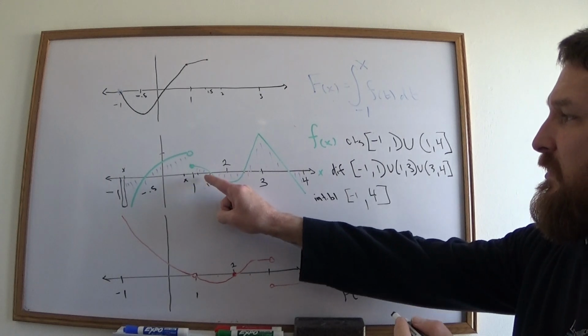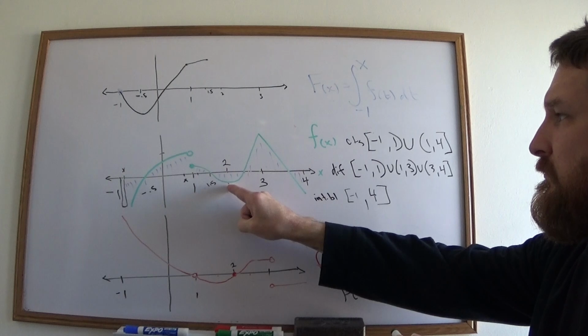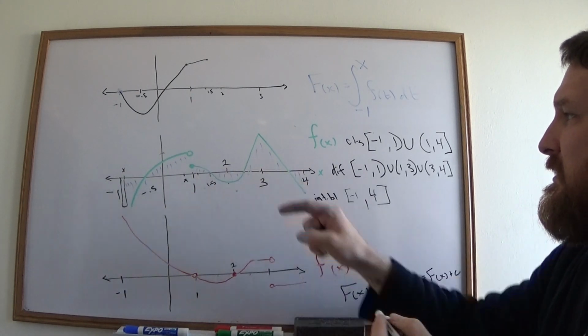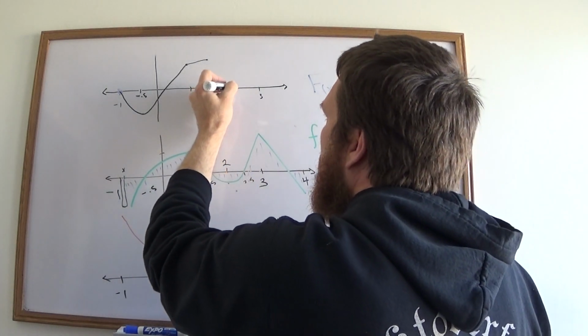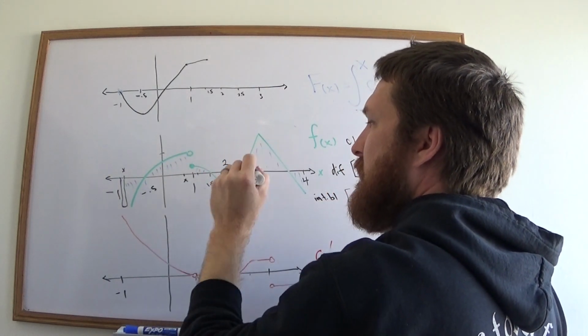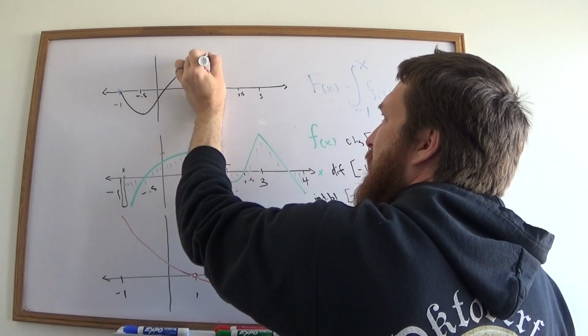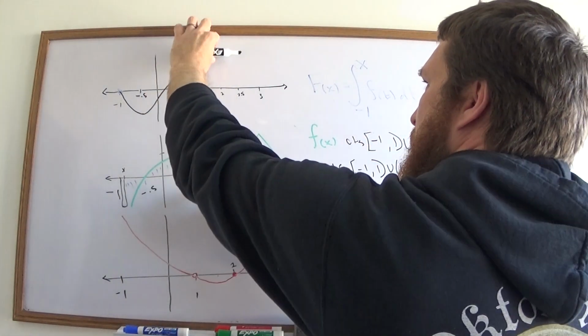Then it gets negative, and gets most negative when it gets down to 2. Then it gets less negative until we get to here, which we'll call 2.5, where the slope is 0 again. So I'm just thinking about this. We're here.